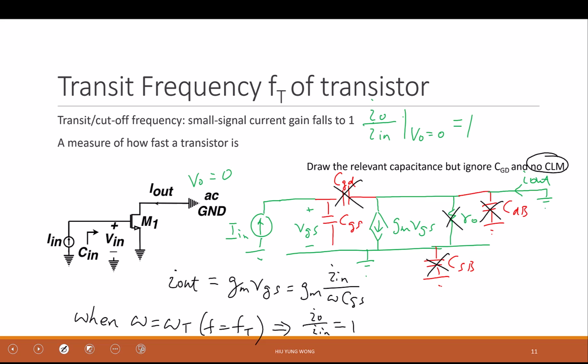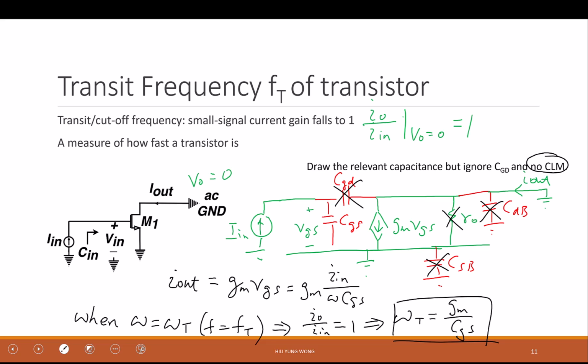So when I out divided by I in equals 1, it means omega T equals gm divided by CGS. Okay? So that's it. This is the transit frequency.